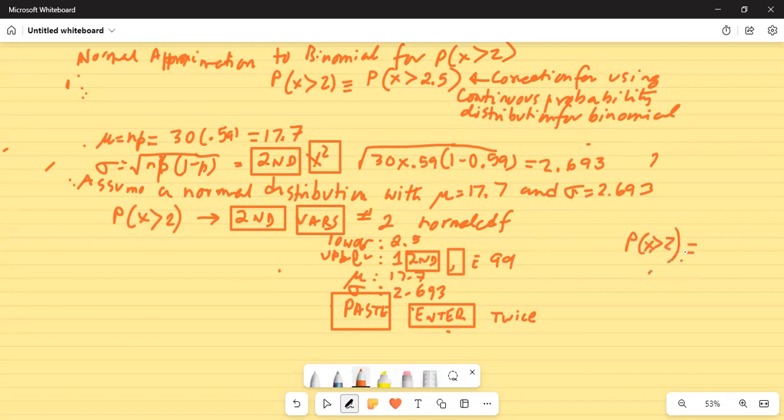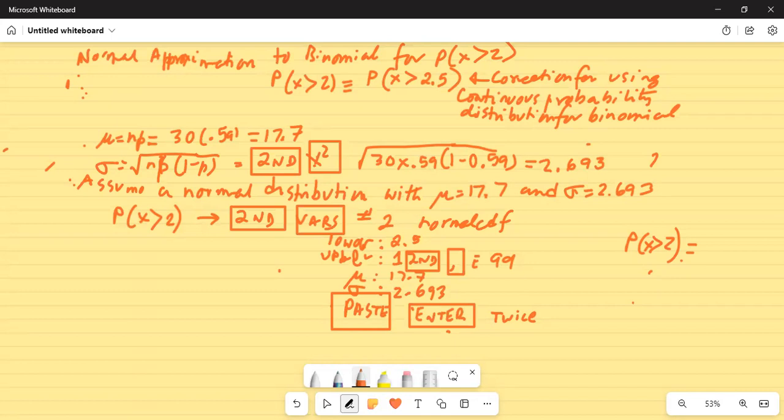And let's see how we get to it. Second vars 2, I'm starting from 2.5 because I'm applying my correction factor, and then upper is 1, then second button, then comma button, which gives me the E, then I type 99. My mean is 17.7. My standard deviation is 2.693.